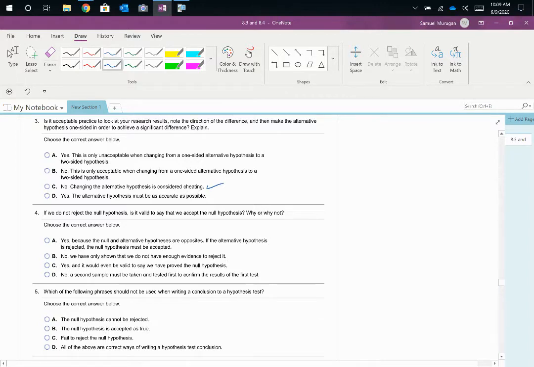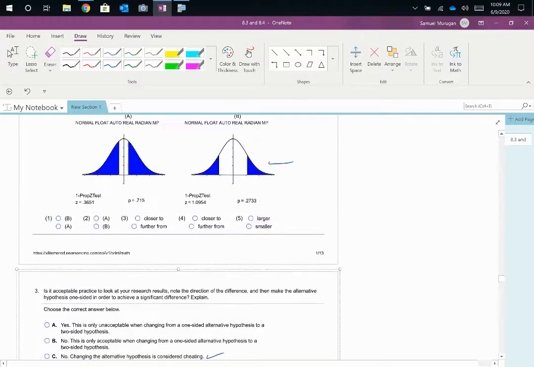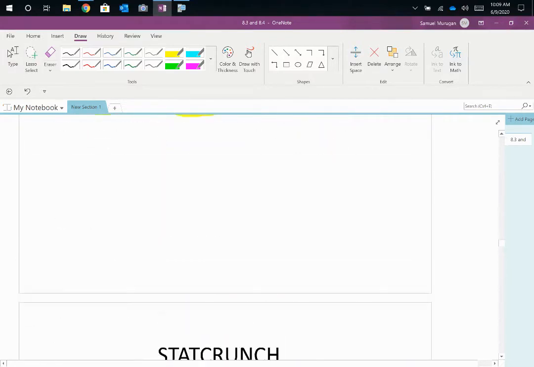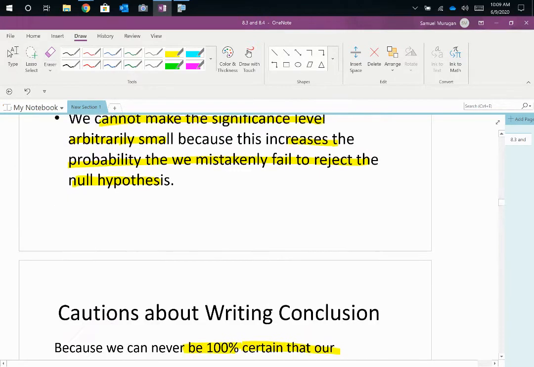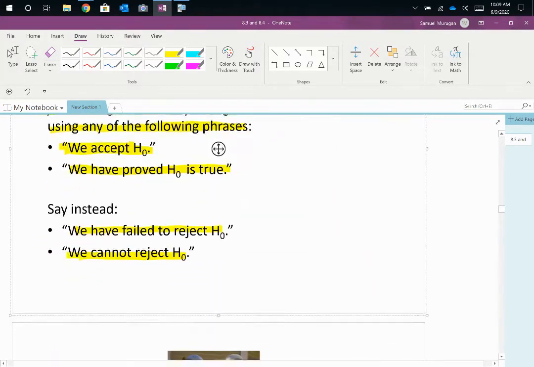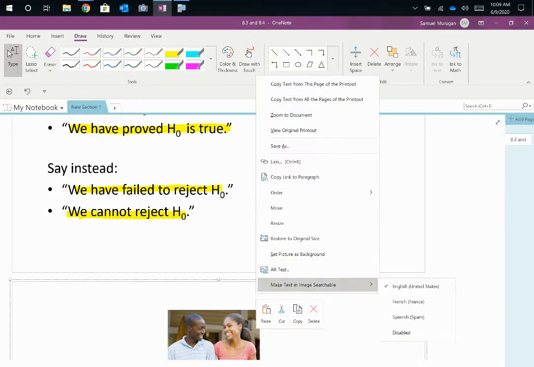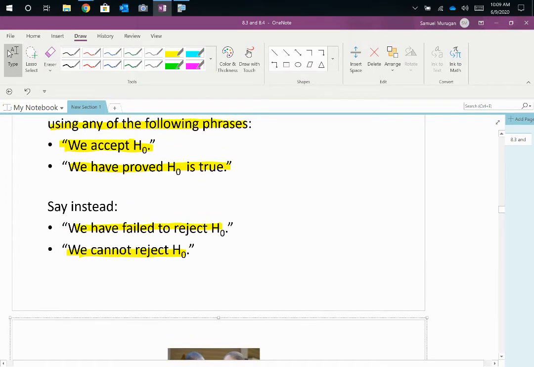Remember again, going back to our conditions. I want to refer back to where we talked about this. Right here, where we said we don't use accept or proved. Instead, we use fail to reject or cannot reject.